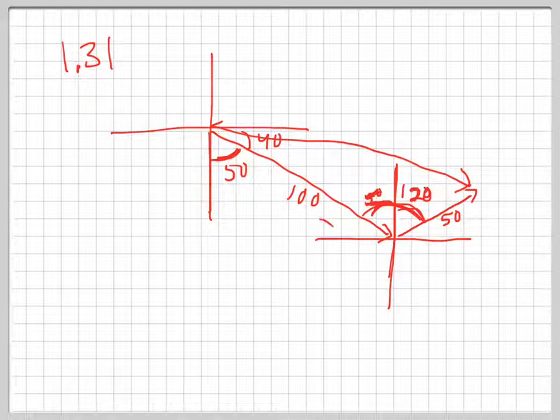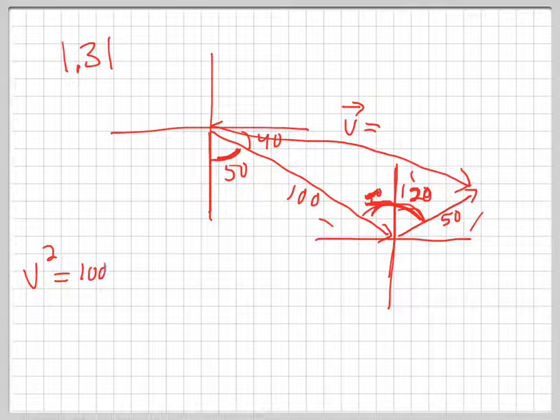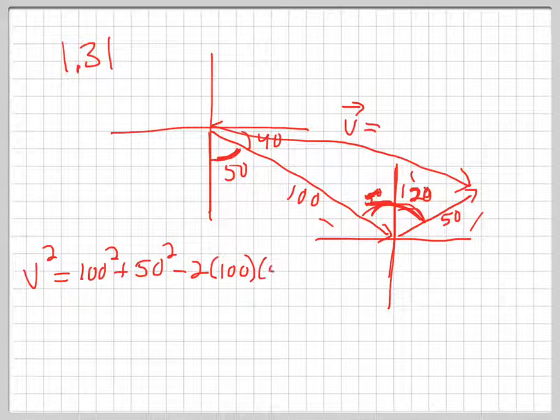So I have side, angle, side, and I can use the law of cosines. So I'm going to do this vector, we'll call it vector v. v squared equals 100 squared plus 50 squared minus 2 times 100 times 50 times the cosine of 120. And I can figure out at least the speed of that particular plane.